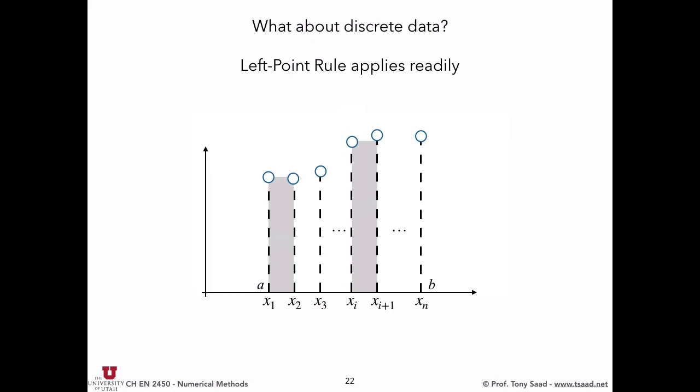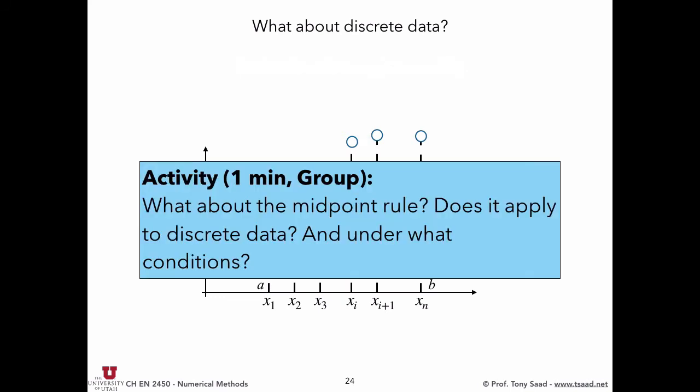So you're given x1 and y1, you're given x2 and y2, and so on, and you simply calculate the rectangles based on the width of the segment and the left height of the segment. Same thing with the right point rule. So notice this rectangle in the middle, how it changed, because we're using the right end height of the interval, right? Okay, but what about the midpoint rule?